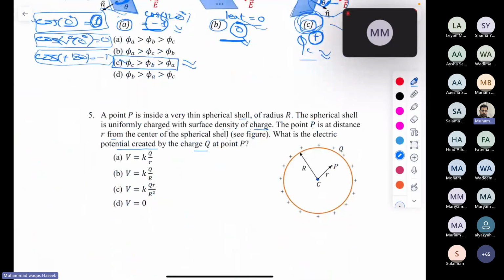So in that option, this is not the case because it has a charge. This is not the case because it is squared.